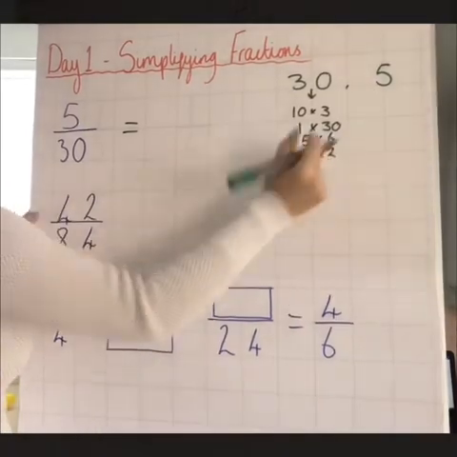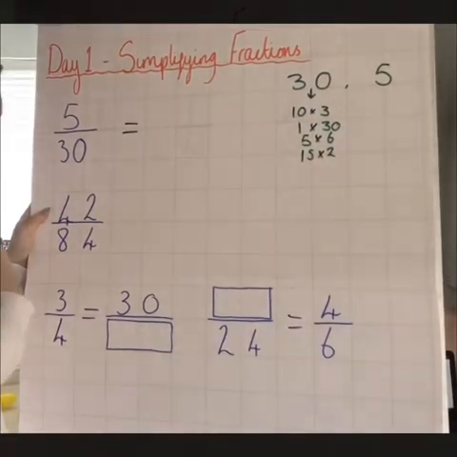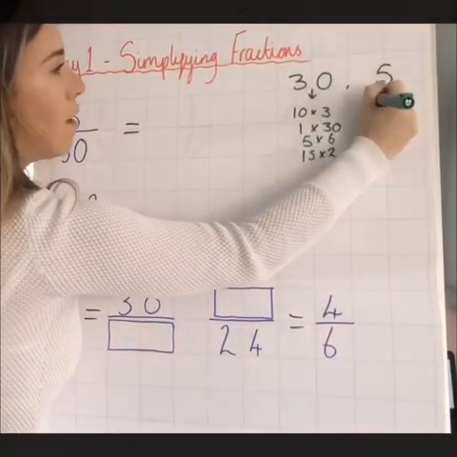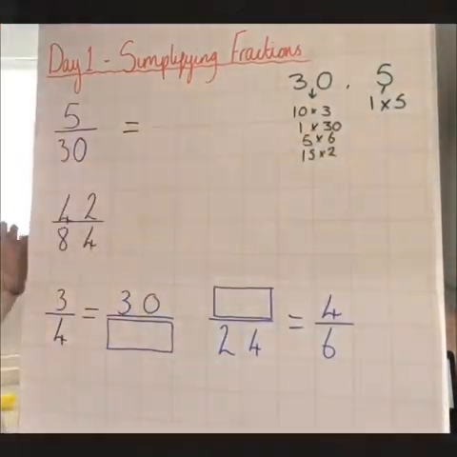For 5, I know that 5 isn't going to have many factors. This one is a prime, okay? So I know that I've only got 1 times 5 for this one.